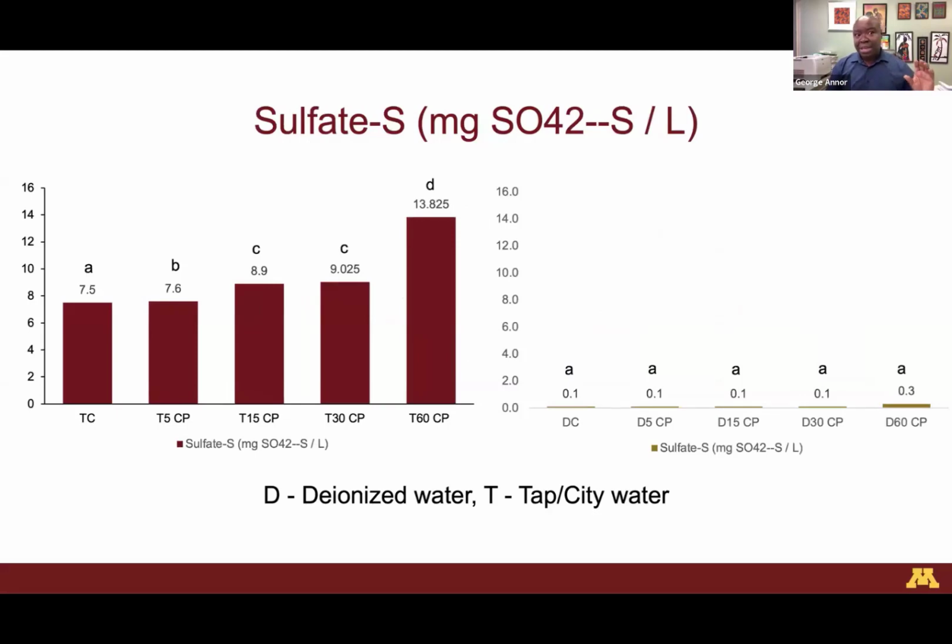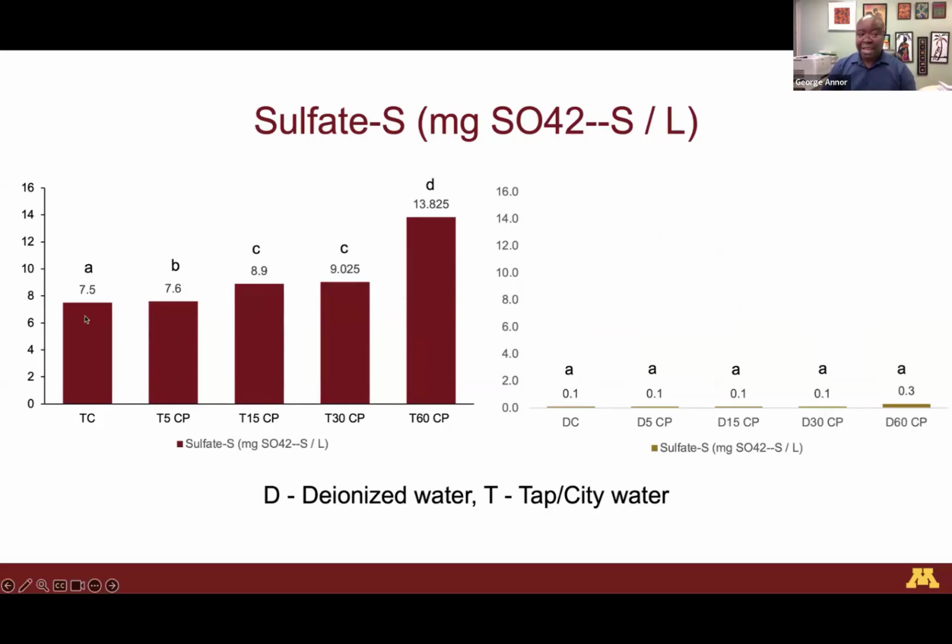As I said, we measured a lot of minerals, and this is just one or two of them that I'm presenting, to show that not only do we have an increase in nitrate and nitrite, but we have an increase in the inorganic components as well. Look at sulfur or sulfates. We saw an increase with treatment time. A similar thing was observed in the deionized water, but it was very small.